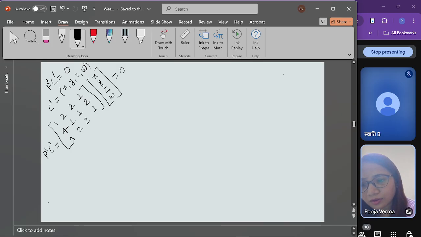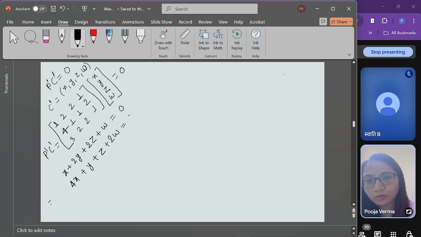Now here, if you multiply, you will again get three equations, right? So the equations you will get: x plus 2y plus 2z plus w is equal to 0. Here you will get 4x plus y plus z plus 2w is equal to 0. Now the next equation is 3x, right? Multiply this row with this column.